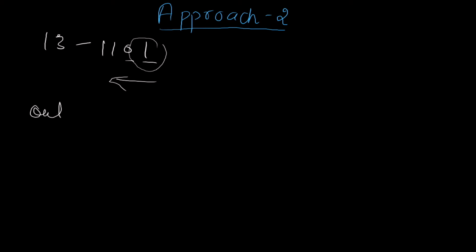Let's say our starting output is 0, and we keep shifting the bits of the output. Whenever we shift a binary representation, it adds a 0 here, so it keeps adding 0.